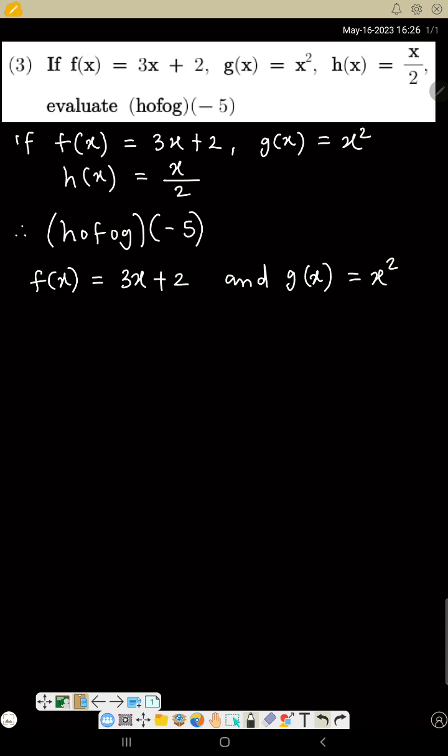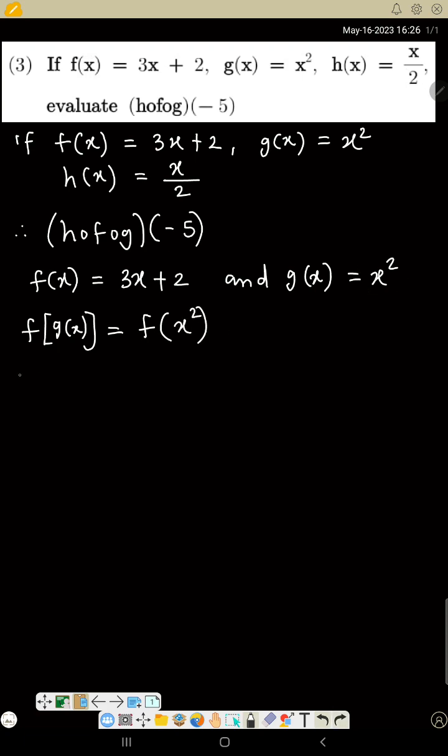Now f of g of s means anywhere you see s, put this g of s inside, because f of s is this. In f of g of s, if you compare the two, you will notice that this s is now g of s. And what is your g of s? g of s is s squared.